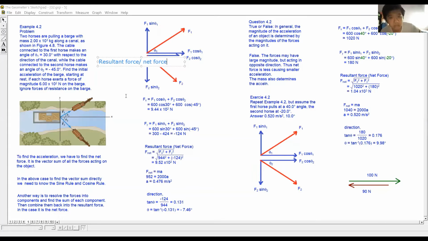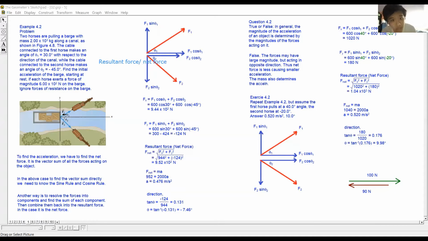Okay. So we are supposed to find this resultant force, the resultant of the two forces, or the net force of these two forces. So to find the net force, we are actually supposed to find, when these two forces combine together, what is the magnitude?